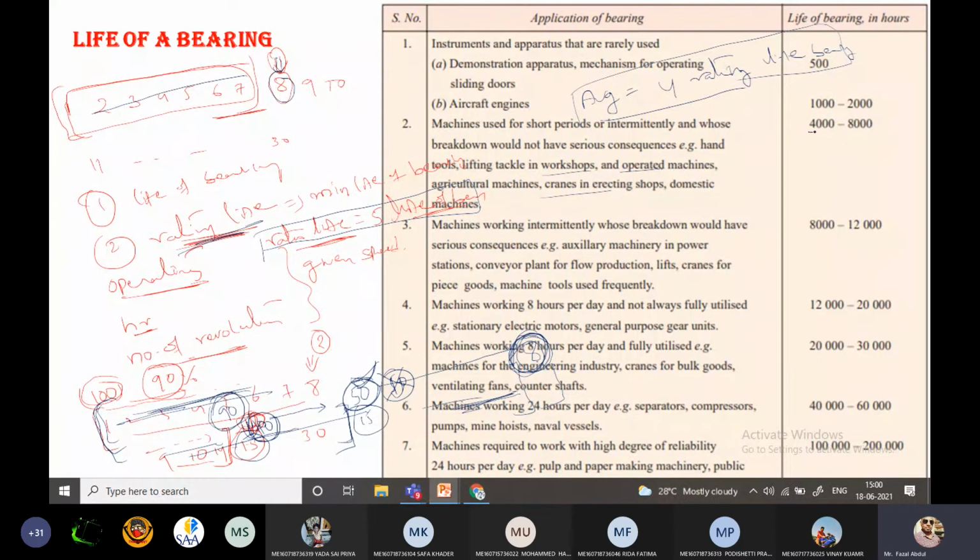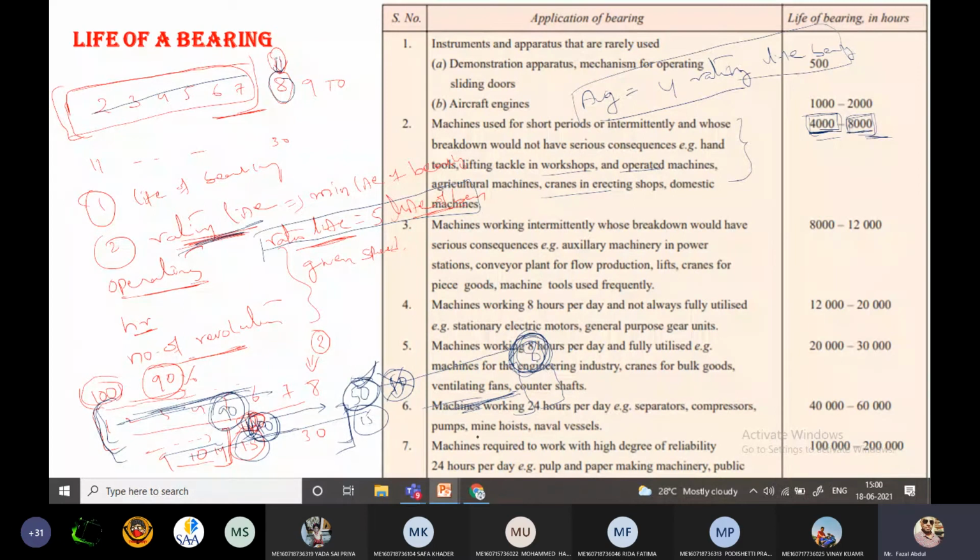The life is 4000 hours to 8000 hours. This statement is going to be given in the question. You have to select from this table what life of bearing it is. So this is 4000 to 8000, and you can select 4000, 4500, 5000, 6000, 6500 till 8000 based on the statement.